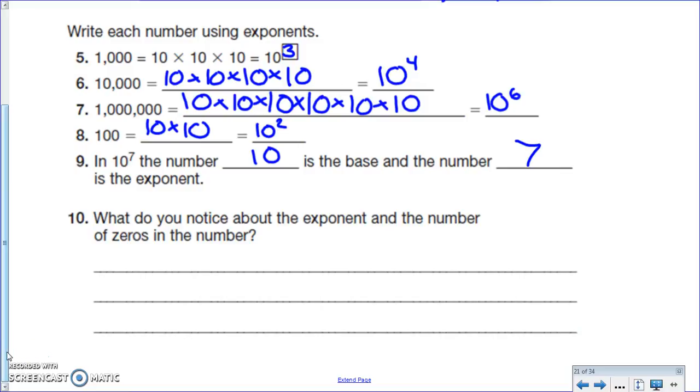Number 10, what do you notice about the exponent and the number of zeros in the number? Well, if we look up above, we can see that the number of zeros in 100 is 2, and that's the exponent for 10 to the second power, 10 squared. If we look at a million, there's 6 zeros in it, and it is 10 to the 6th. So the exponent equals the number of zeros in the number.